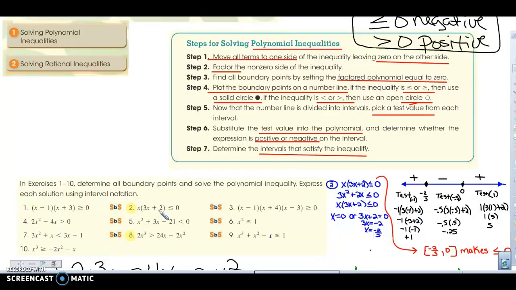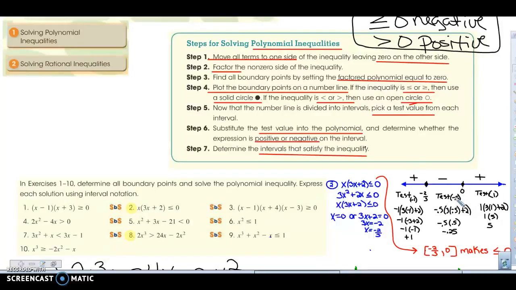So I'm plugging it back into the problem. When I simplify what's inside the parentheses, I get negative 1 times the negative 1 outside, so I end up with a positive number in the end. So I put a plus sign to indicate that pretty much any number you pick in this interval is going to give you a positive value.